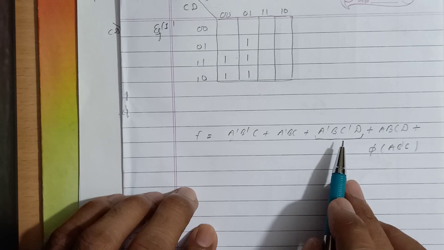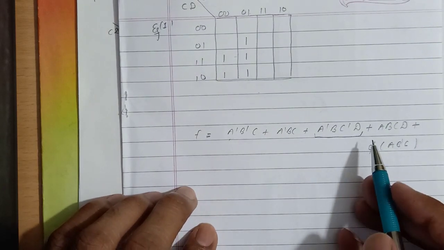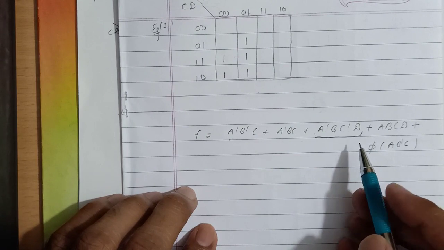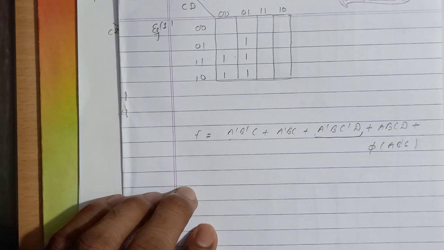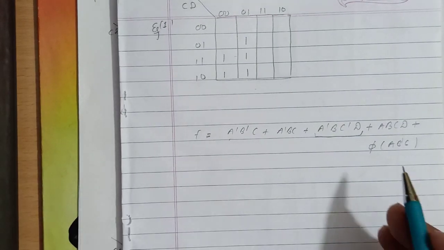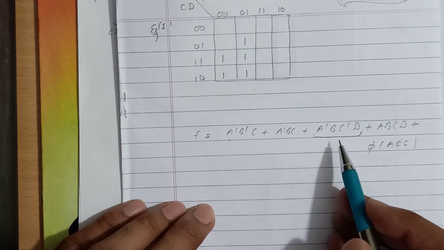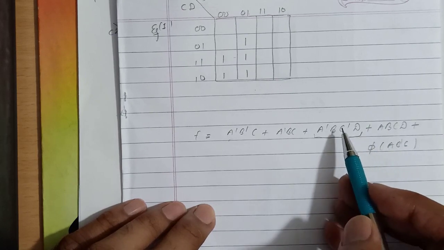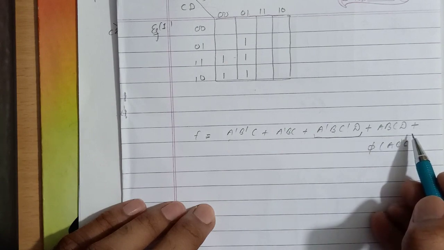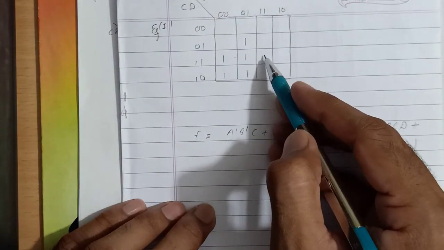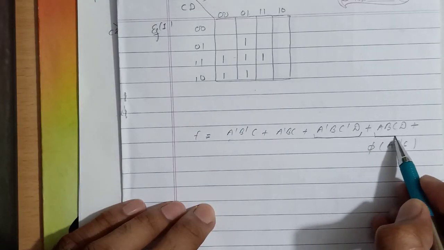So A B C D will be, yes, AB and CD, so this will be represented by 1 square.